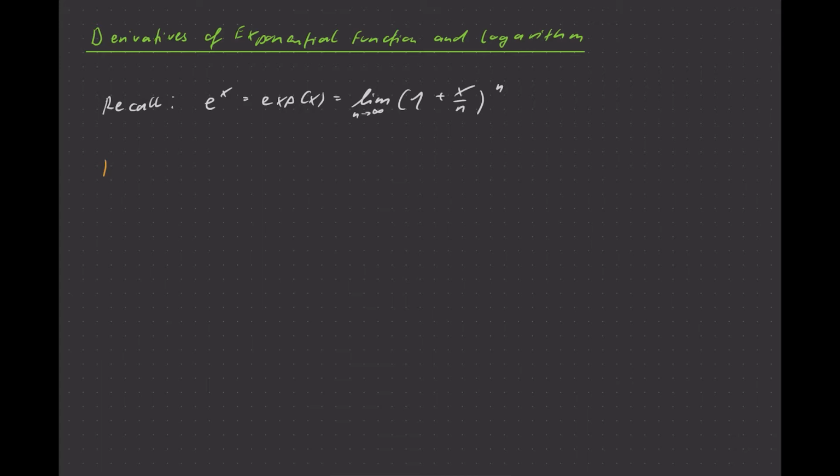As it turns out, and that's the central theorem of this section, the derivative of the exponential function is the exponential function itself.